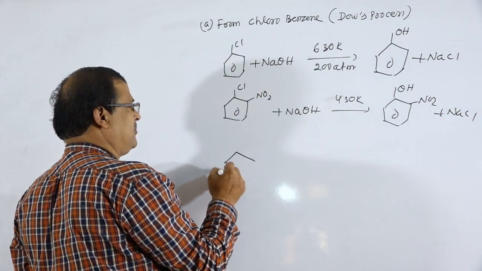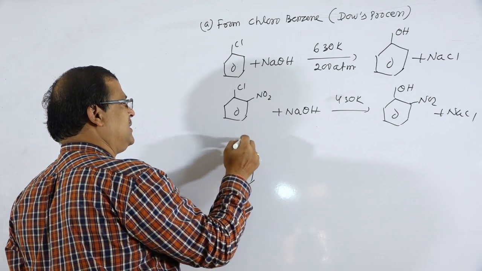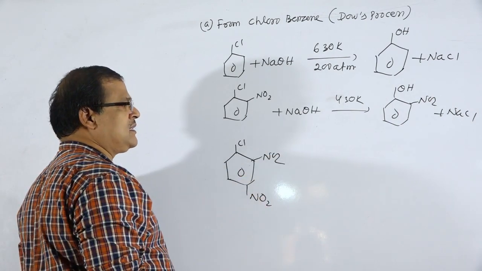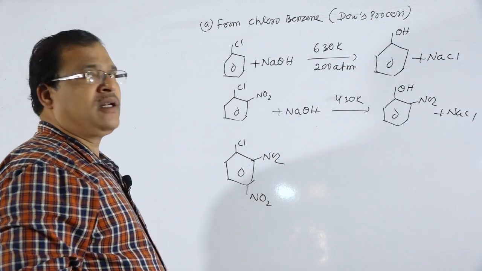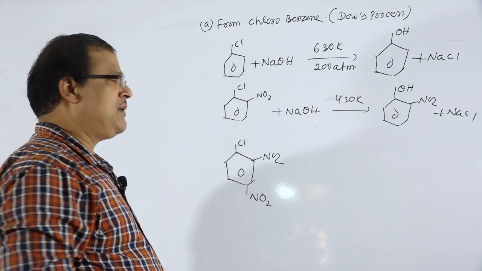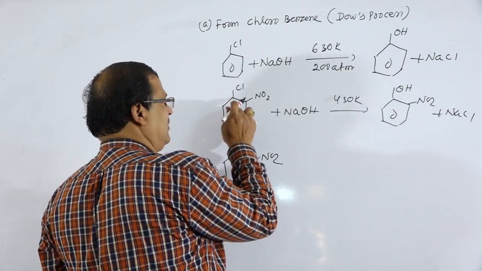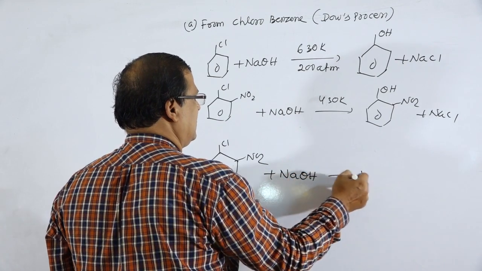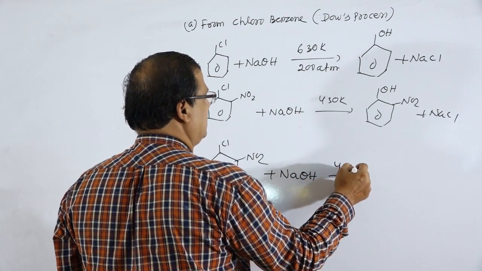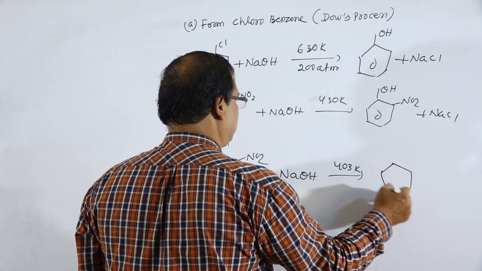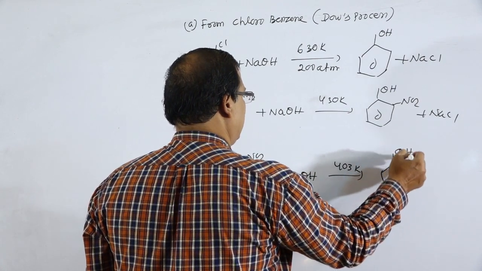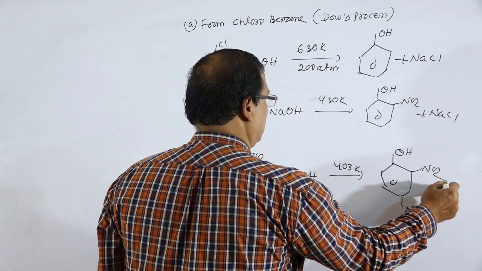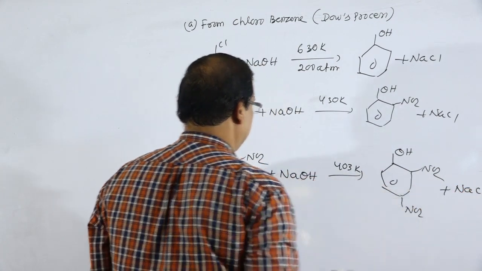And if we take Cl with NO2 and NO2, the presence of NO2 groups will accelerate the displacement reaction, nucleophilic substitution, with NaOH at 403 Kelvin, giving OH, NO2, NO2 plus NaCl.